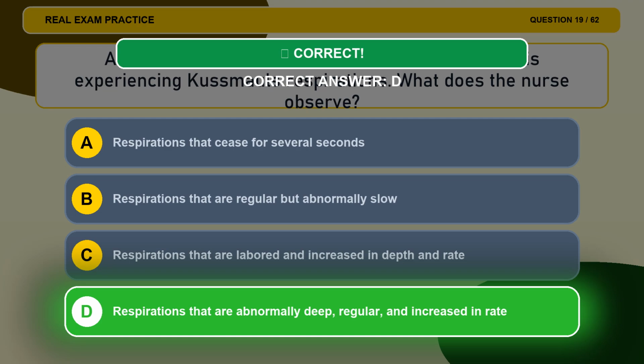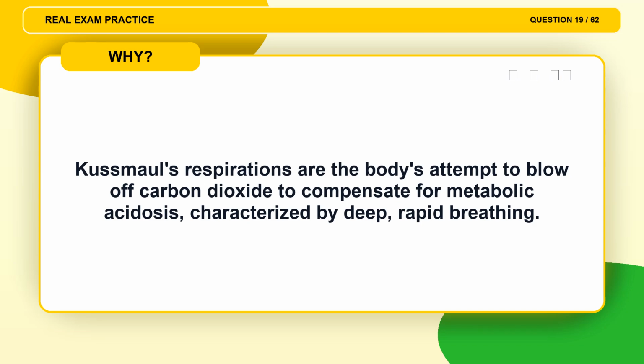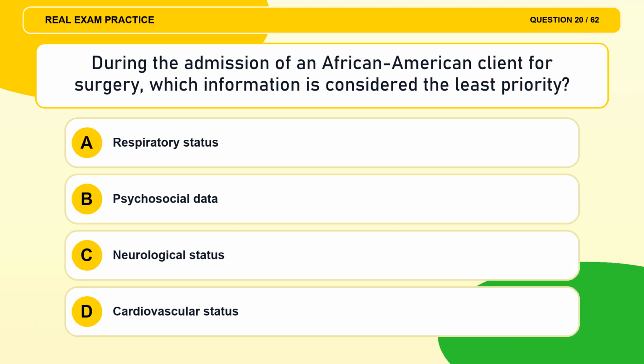The correct answer is option D. Respirations that are abnormally deep, regular, and increased in rate. Kussmaul's respirations are the body's attempt to blow off carbon dioxide to compensate for metabolic acidosis, characterized by deep, rapid breathing.